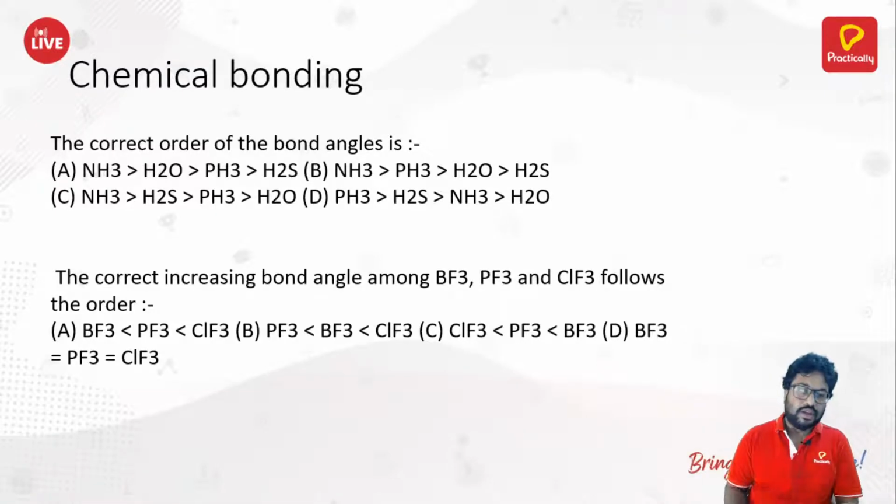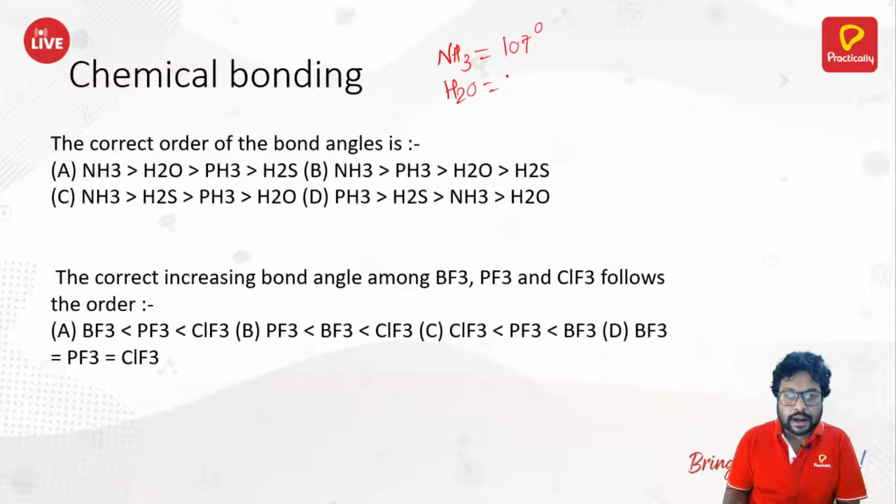Okay, now what is the correct order of bond angles? NH3, H2O. Now we know that NH3 has a bond angle around 107 degrees, right? H2O has a bond angle around 104.5 degrees. So NH3 is higher than H2O, that's for sure. Then you have PH3.